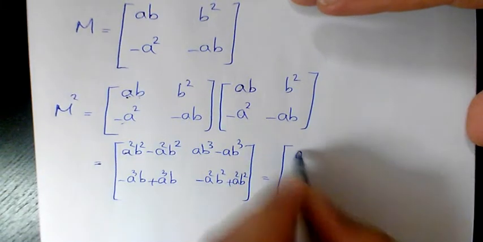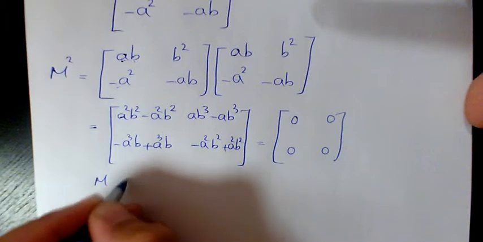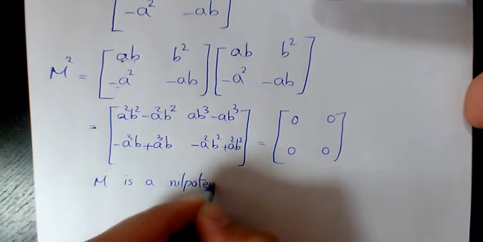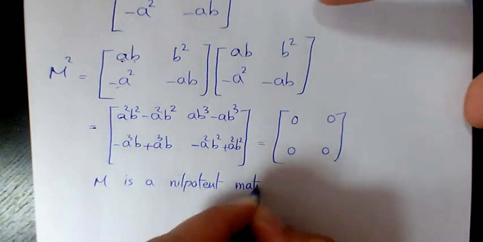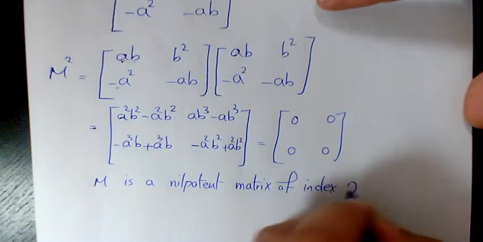As you see here, all the elements are going to be 0, and we can say that M is a nilpotent matrix of index 2.